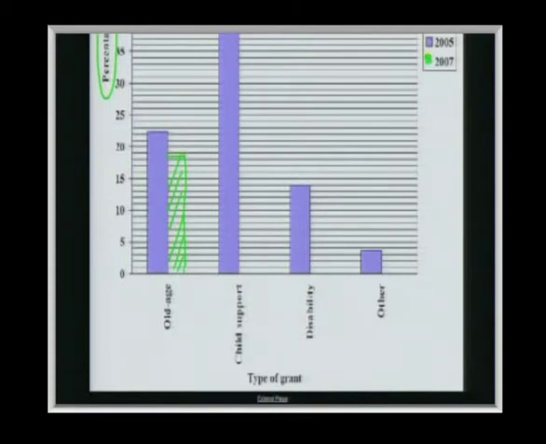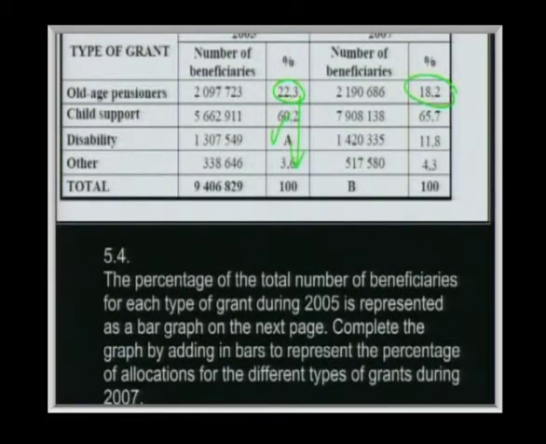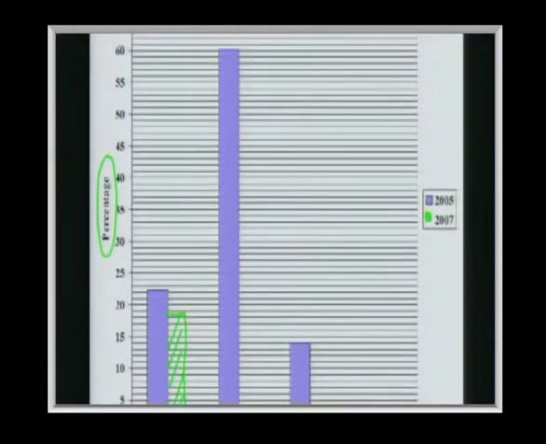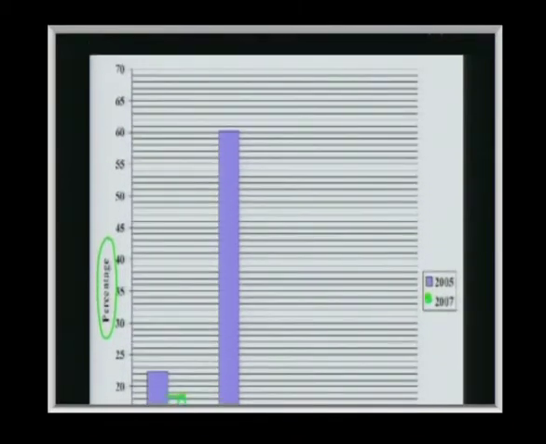Child support, 65.7%. So let's go. There's 60, so it's going to be a little bit higher. So I'm going to just draw up a bit. 65.7, so it's nearly 66, so it's just under that line, probably a little bit less.